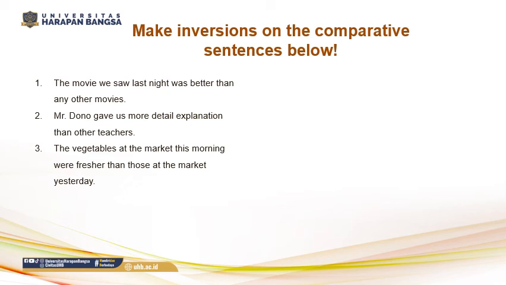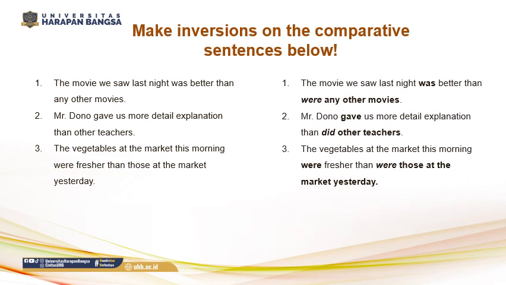Tinggal dilihat subjeknya apa. Nah, setelah kata then di sini ada kata those, mengacu pada vegetables ya. Those apakah singular atau plural? Plural, berarti yang kalian pakai was atau were? Yes, were.